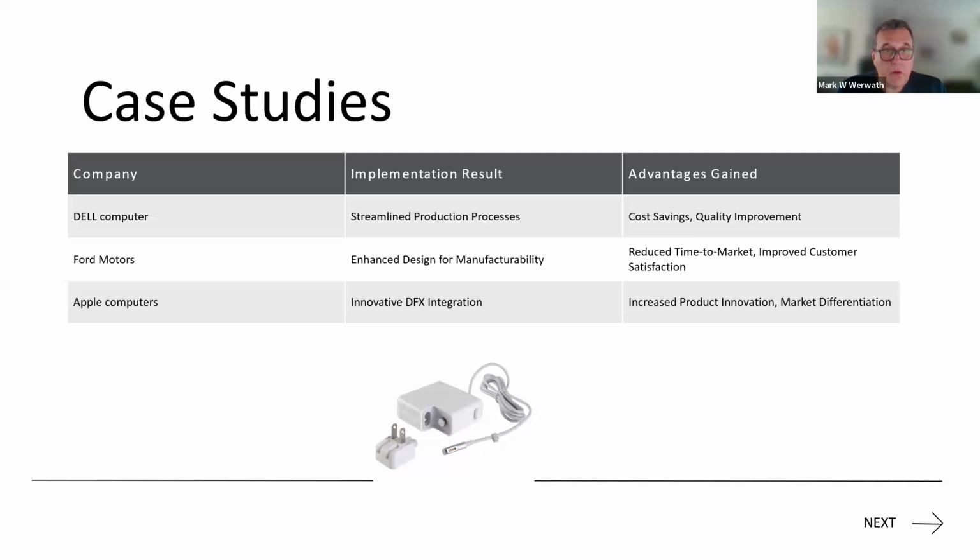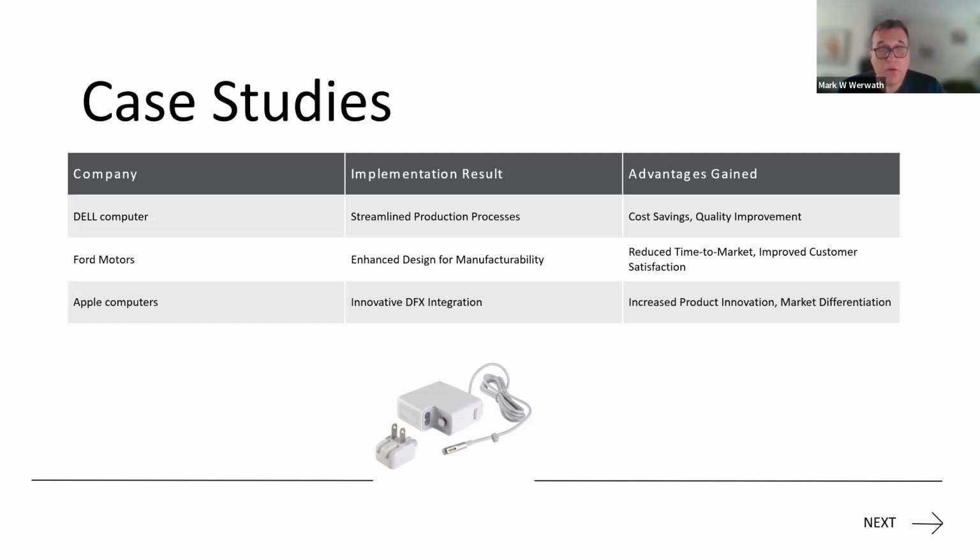Some case studies here. Dell Computer did a lot of this with streamlining their production processes by literally having their components and their major suppliers in the same factory as them, and literally bringing them into that process of design and into the process of manufacturing. So the supplier is side by side with you in your own factory, right?